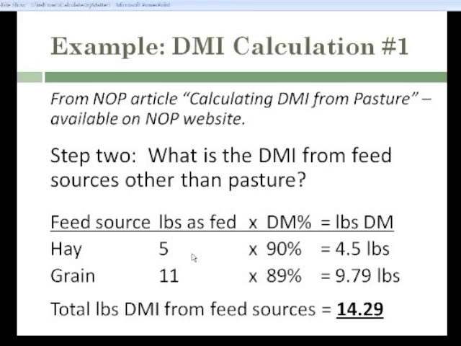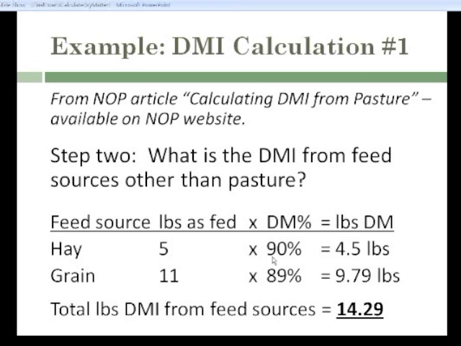So I've put this into a table format very similar to the Holstein non-grazing season example where we were looking at the TMR before, where I've made a column of the feed ingredients, and then a column of how many pounds of each of those ingredients are being fed on an as-fed basis. Then we're going to multiply each of these numbers by the dry matter content of those feeds.